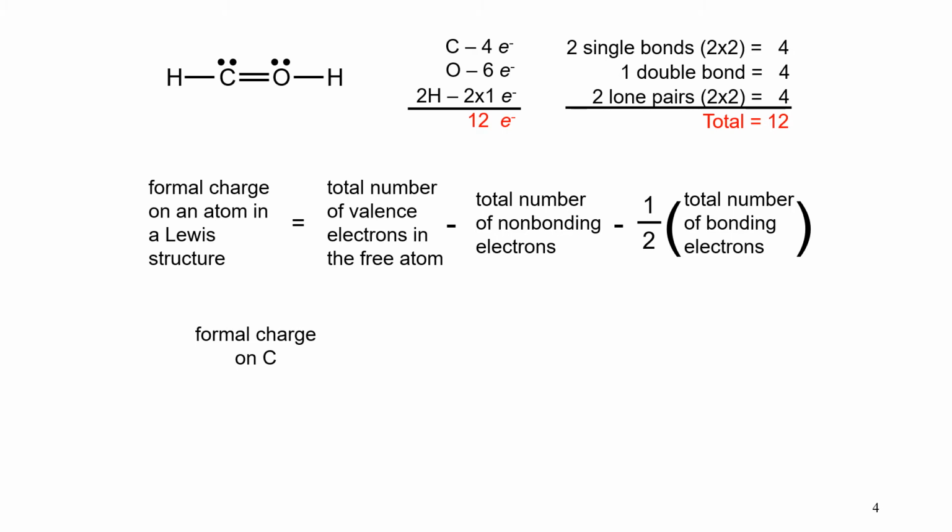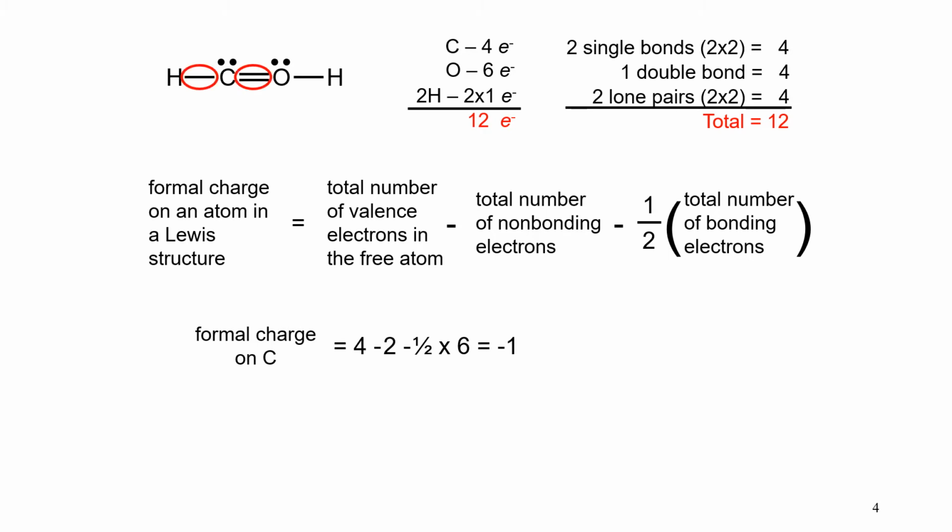So the formal charge on carbon: 4 valence electrons. Now this carbon atom has 2 non-bonding electrons, so we're going to subtract those. And it has 3 bonds, so 6 electrons in bonding, and we subtract 1/2 times 6.